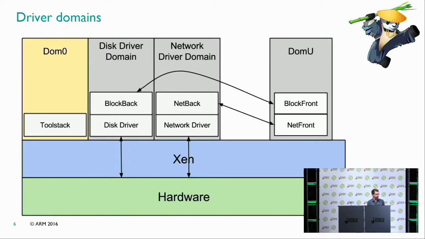So if your driver is crashing for any reason, you will just crash the driver domain. You won't crash DOM0 or the whole platform. So this is adding isolation to your environment. Also, you may want to have another operating system for your disk or for handling some device, like QNX or anything else. And you can use a specific driver domain with this device, using backend and frontend for communicating.